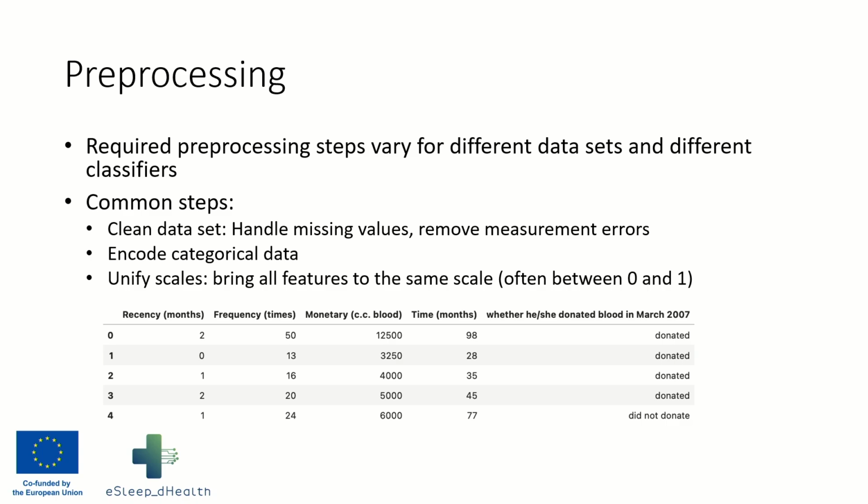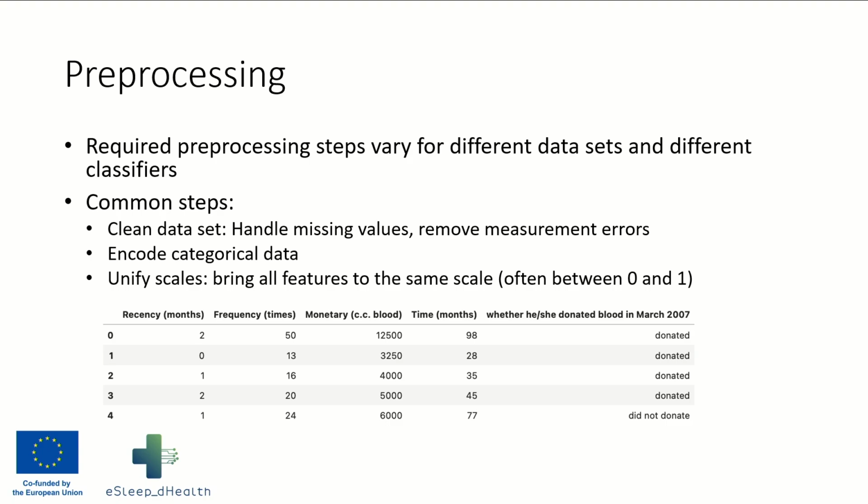Something else that's important for some machine learning models, not for all of them, is encoding categorical data. So here our data is only numerical values. So we have numbers in the columns. But for example, our target variable, that is a text field, right?